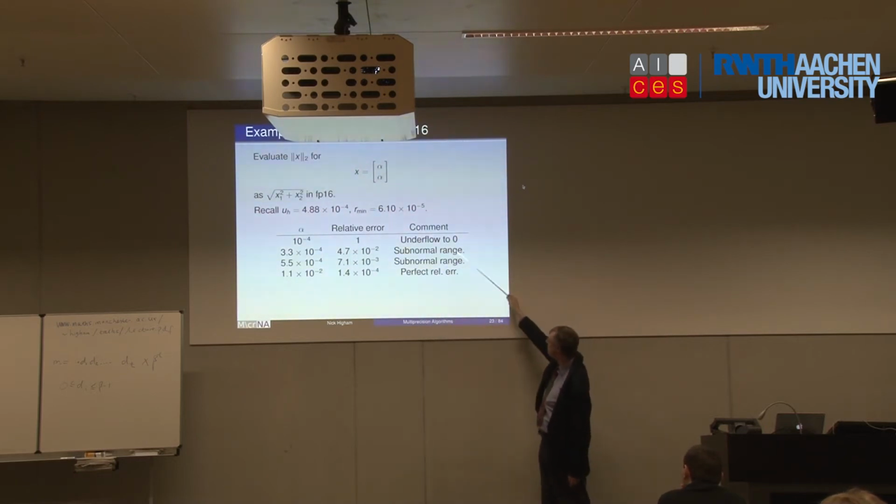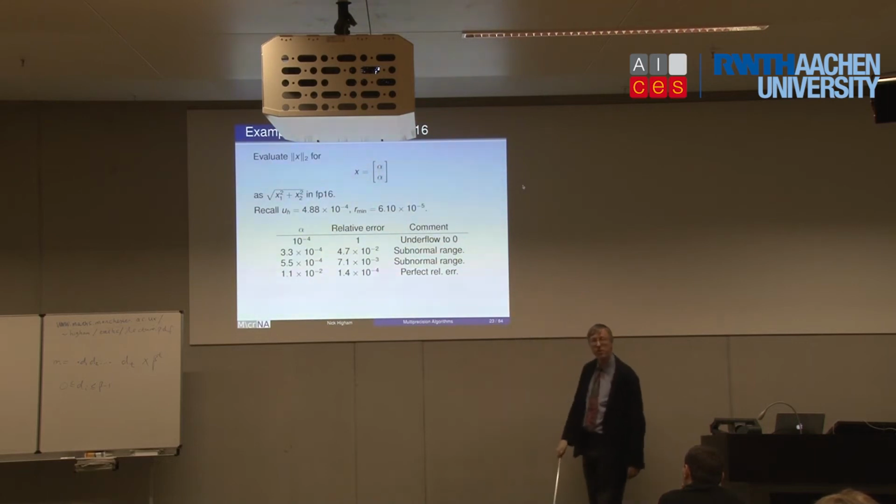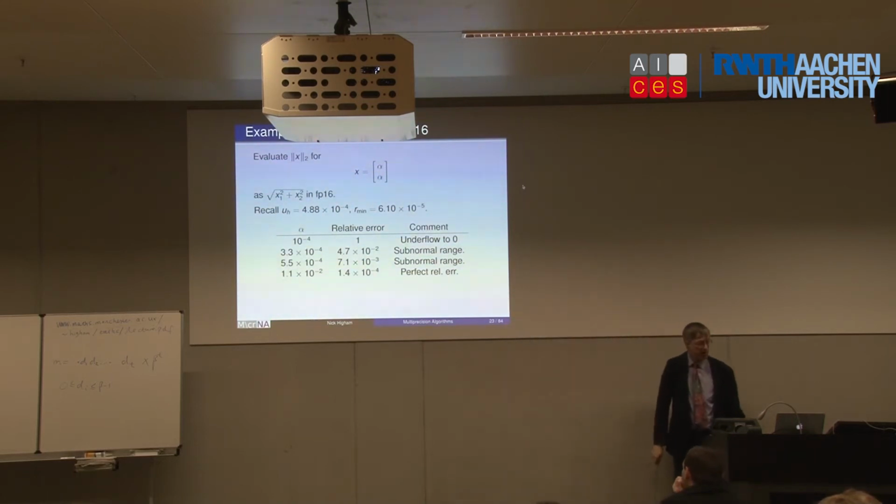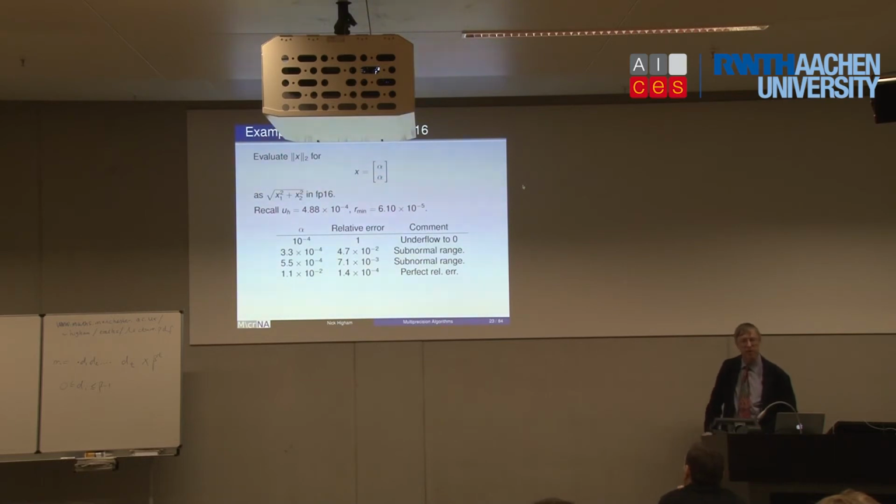But once we go subnormal, that really affects it. So that's just a very, very simple computation. With more complicated computations, you could get similar effects. And this is, as I said, much more of a problem in FP16 because of the greater part of the range that's taken up by subnormal numbers. Those are the things that could go wrong.